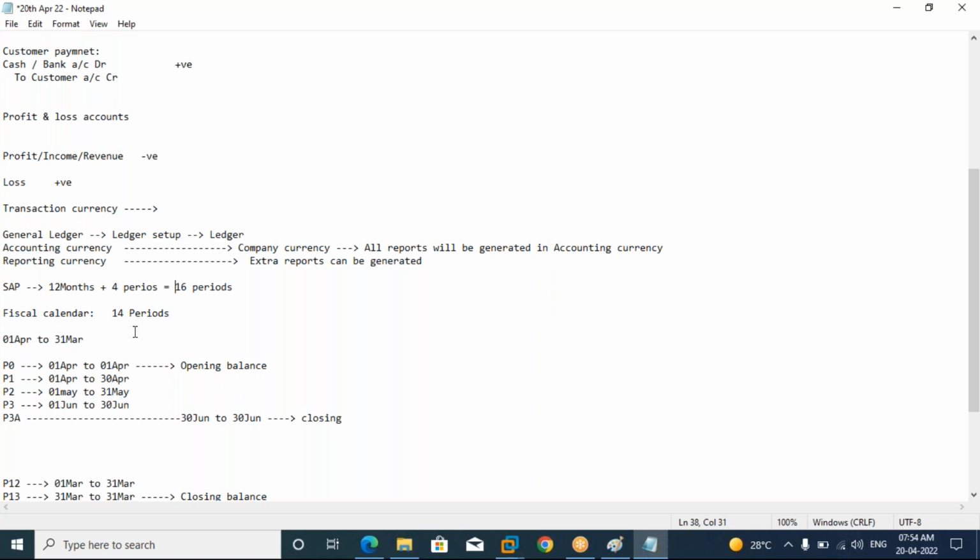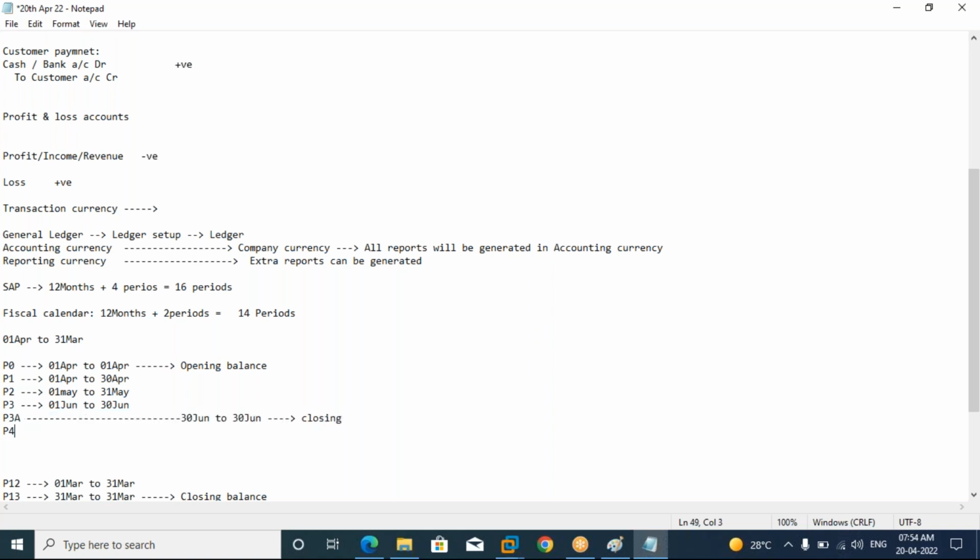In Dynamics, it is 12 months by default plus 2 periods extra. But if you want to extend, you can extend wherever you really require.